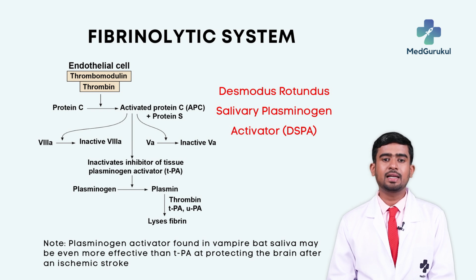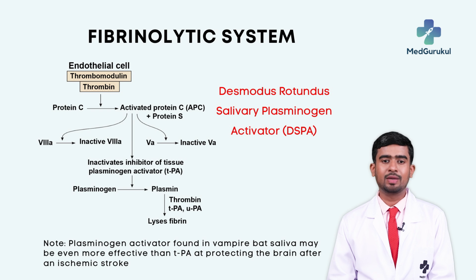Later on, we studied the tests which are used to assess thrombosis or the hemostasis mechanism. We divided them into primary hemostasis and secondary hemostasis. We studied bleeding time, clotting time, prothrombin time, activated partial thromboplastin time as well as international normalized ratio.